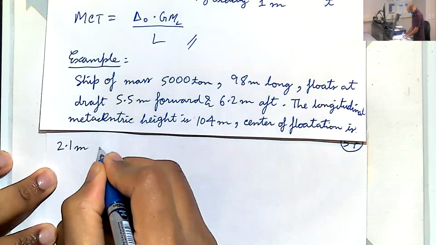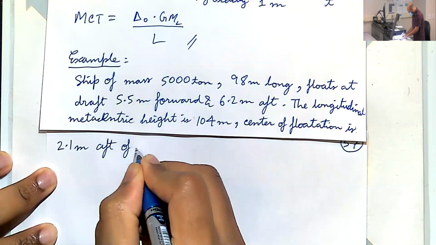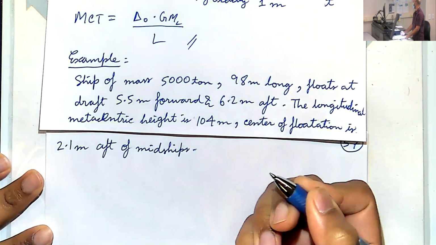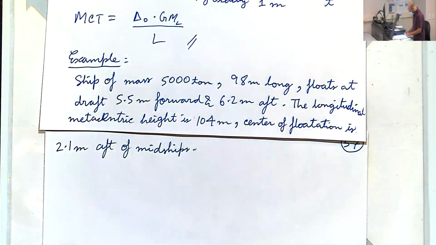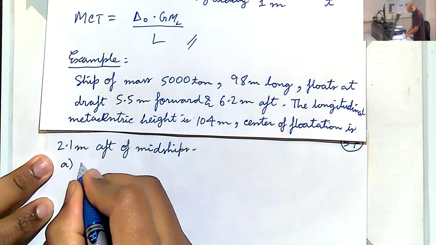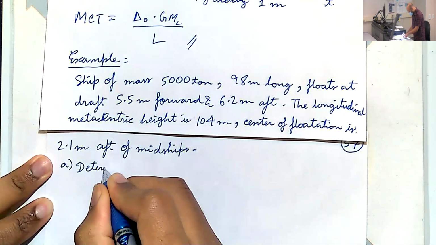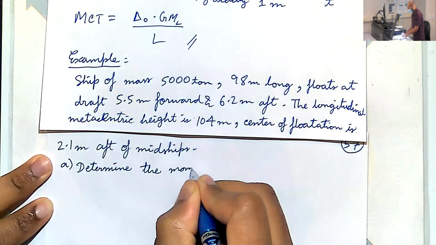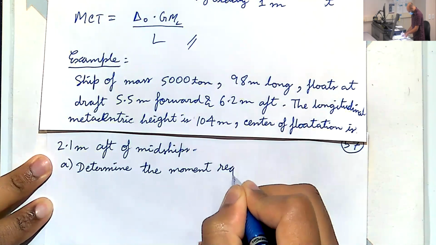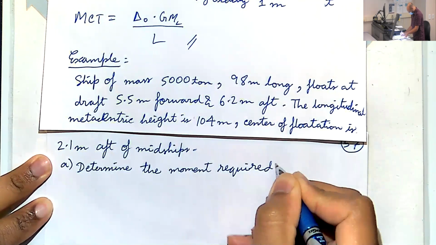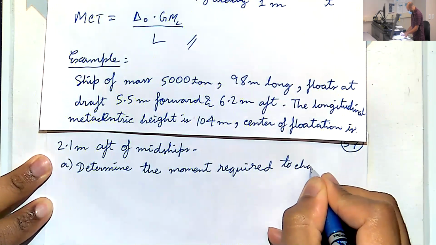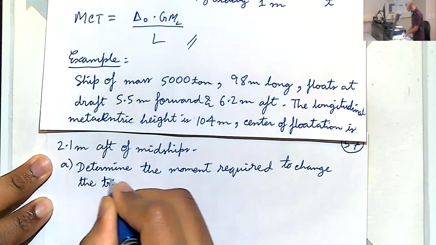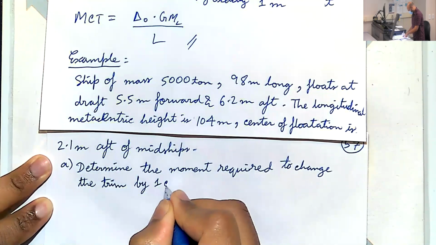.1 meters aft of midships. So with all of that information, we are told to determine what is the moment required to change trim by 1 centimeter.